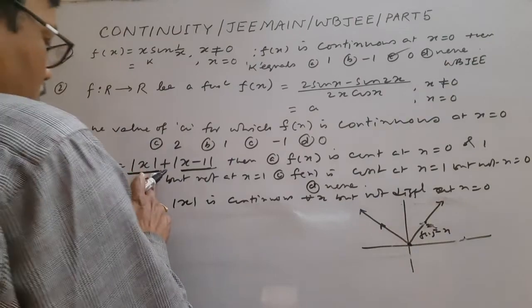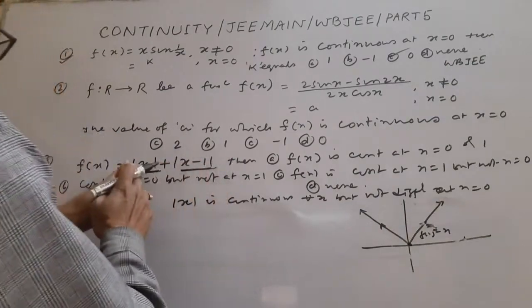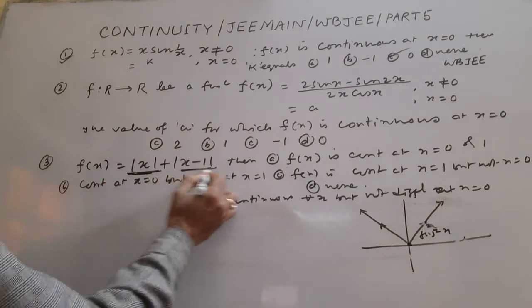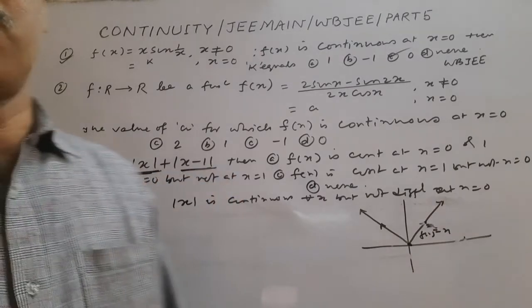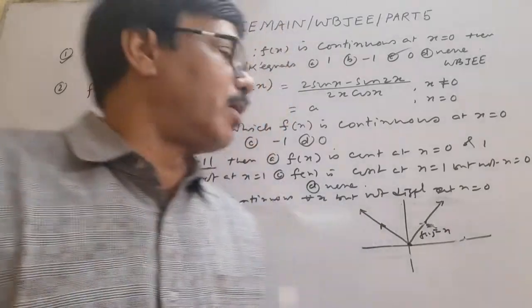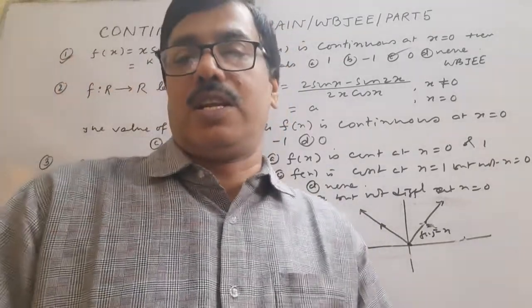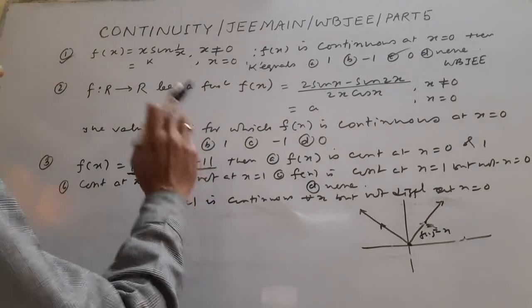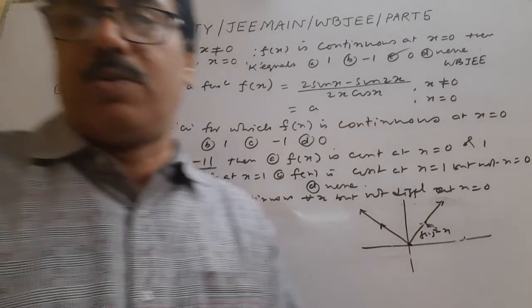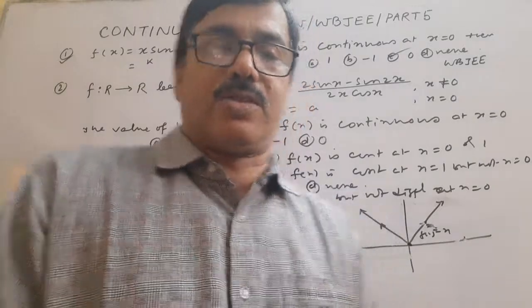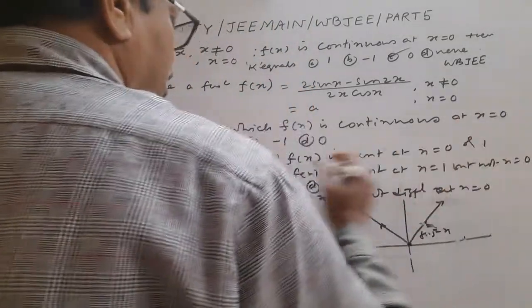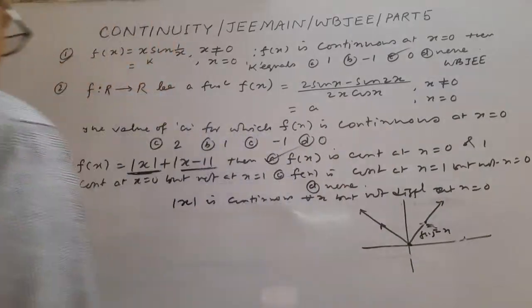So, it is continuous, and sum of two continuous functions, f(x) equals |x| plus |x minus 1|. So, from a well-known theorem, sum of two continuous functions is continuous. So f(x) equals |x| plus |x minus 1| is continuous for all x. So f(x) is continuous at x equals 0 and 1, it is true.